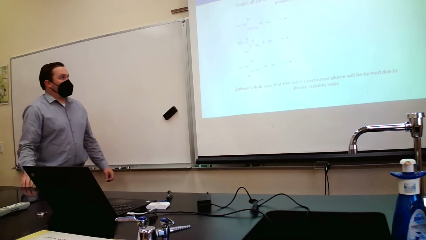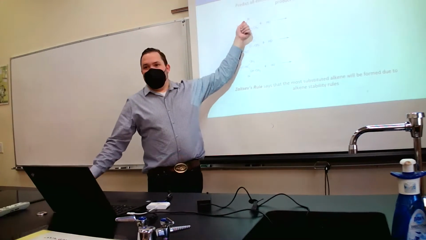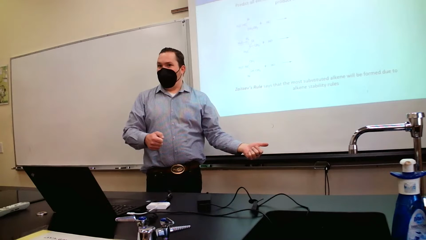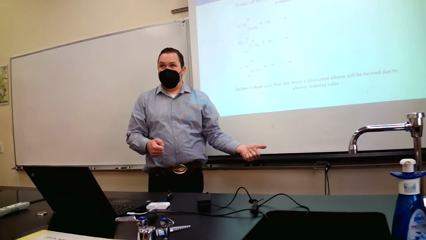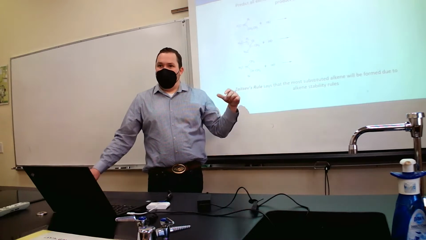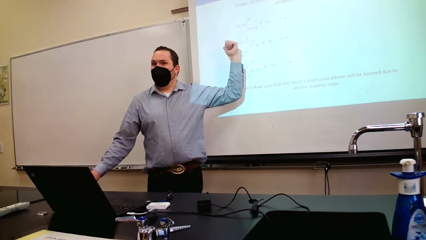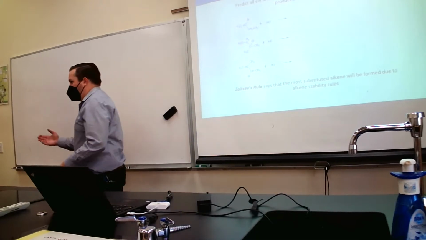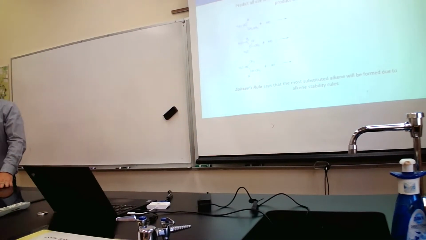An elimination reaction, a leaving group leaves and you make an alkene. An addition reaction, an alkene is attacked by a nucleophile, and you wind up basically undoing an elimination reaction. And so Markovnikov's rule talks about which isomers are formed when you do an addition reaction.